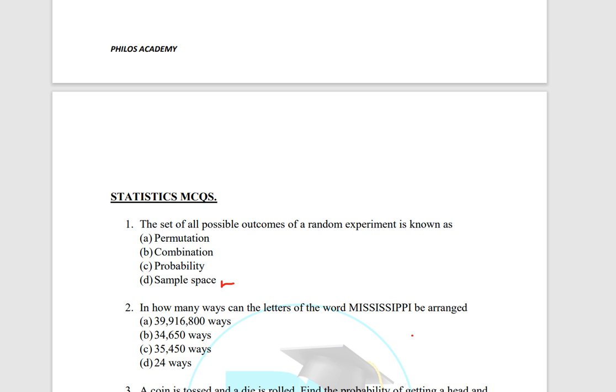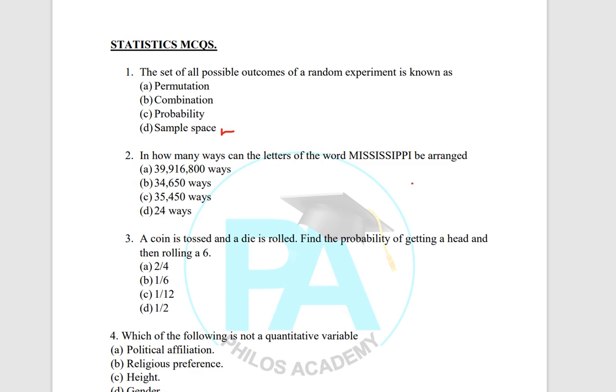Okay, so let's proceed. Question 2 says, in how many ways can the letters of the word Mississippi be arranged? To do this, what you're going to do is count the number of letters in the word. So let's count them. 1, 2, 3, 4, 5, 6, 7, 8, 9, 10, 11.